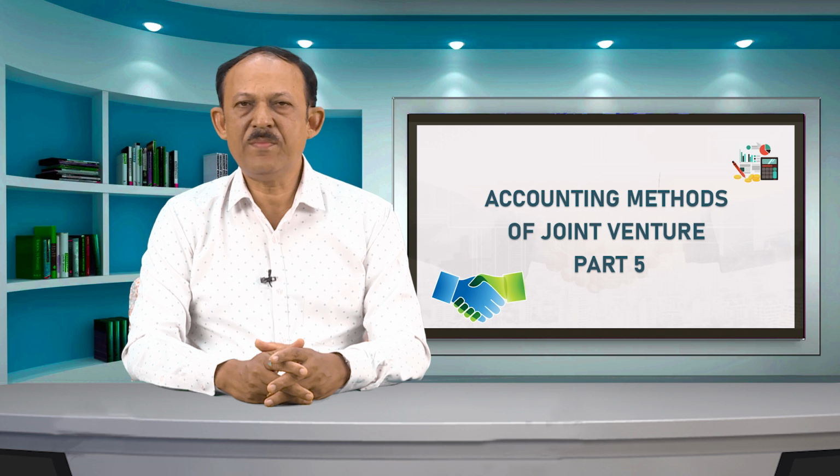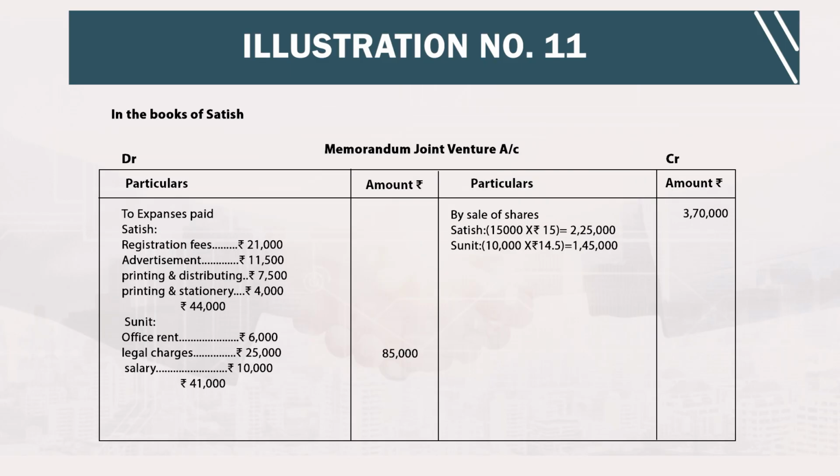Let us see how the memorandum joint venture account and Sunit's account will appear in the book of Satish. In the book of Satish, memorandum joint venture account. Now come to debit side. To expenses paid by Satish: registration fee rupees 21,000, advertisement rupees 11,500, printing and distributing rupees 7,500, printing and stationery rupees 4,000, total 44,000.